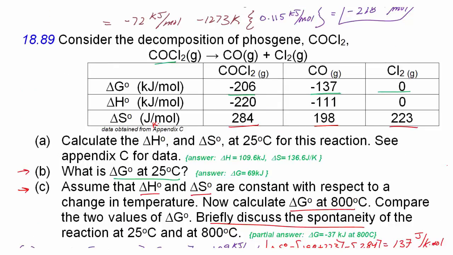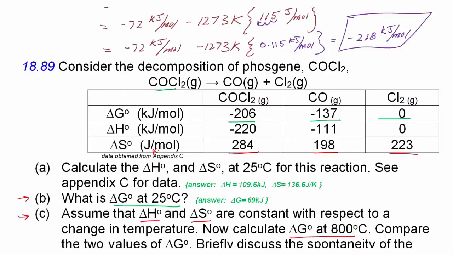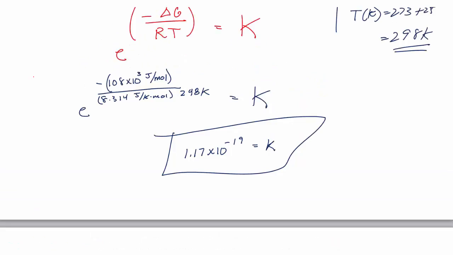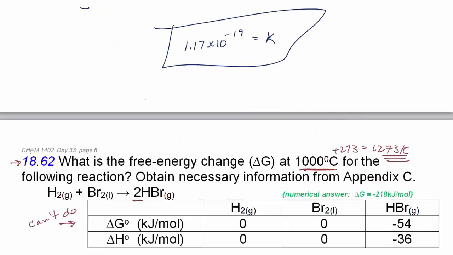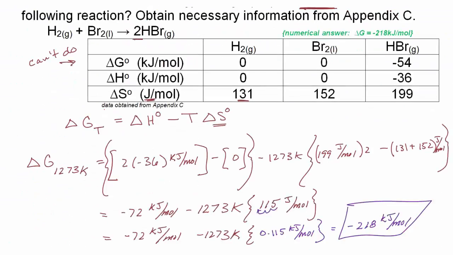One is we are finding the equilibrium constant from our Gibbs free energy and just know how to manipulate that expression. And another change is we are talking about calculating the Gibbs energy change at different temperatures. So just know how to manipulate those expressions and watch your units and you'll be good.